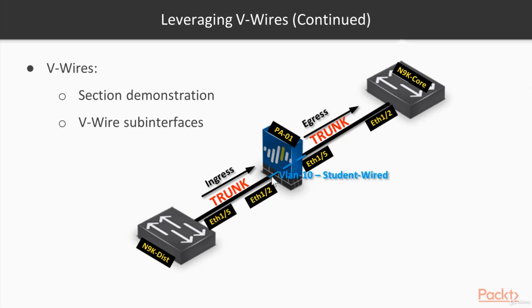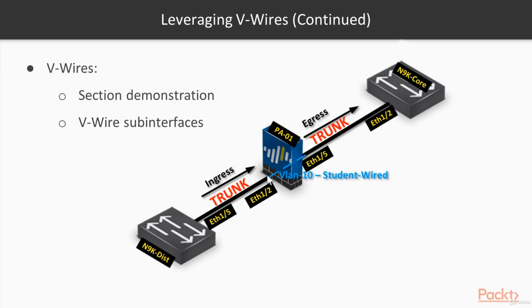And when it comes to virtual wires, this blue dotted line represents a virtual wire. So the virtual wire is basically connecting or binding Ethernet 1/2 virtually to Ethernet 1/5. So I'm inside the Palo Alto, I'm basically bridging those two interfaces, Ethernet 1/5 and 1/2, with a virtual wire.